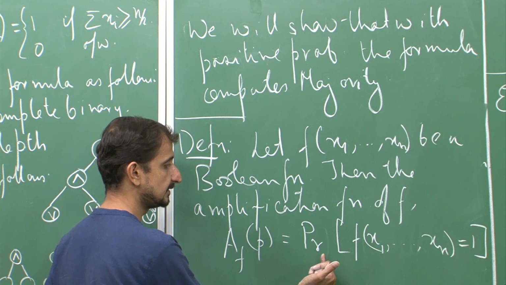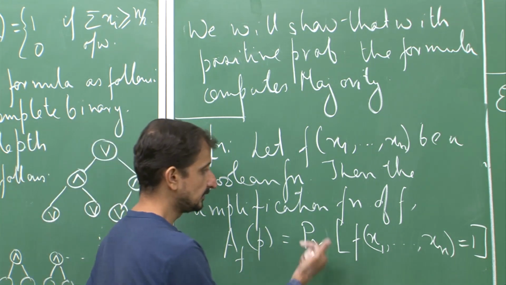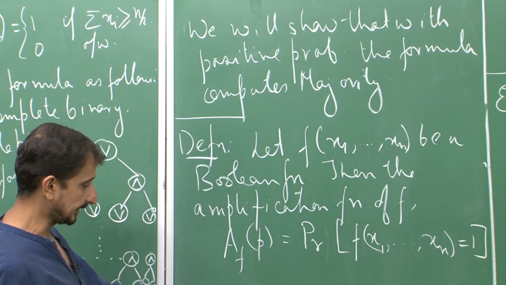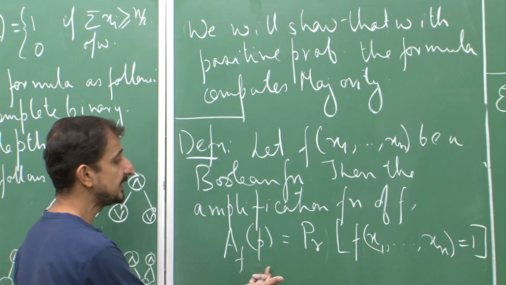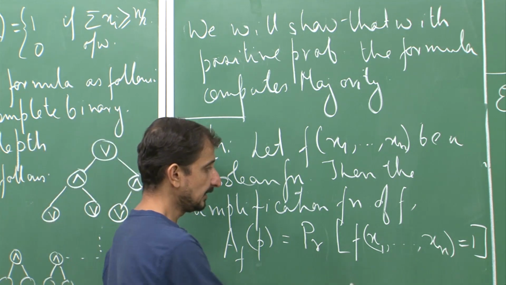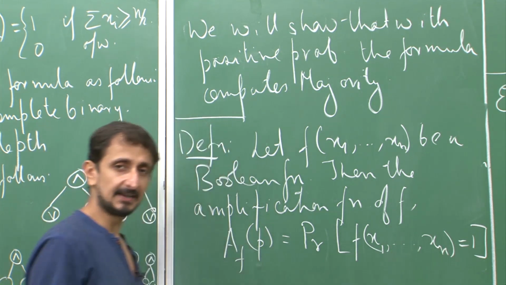And what is this probability over? Or the other question also is, where does p occur? I haven't said what p is. So, p is the probability with which these variables take a value 1.